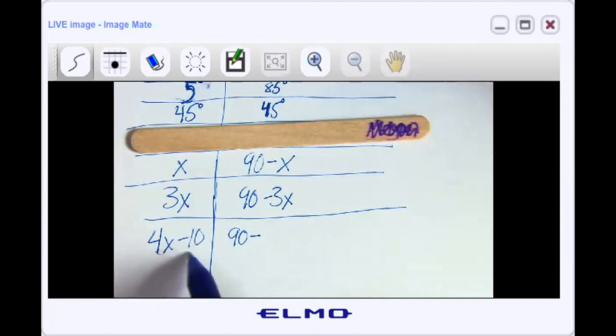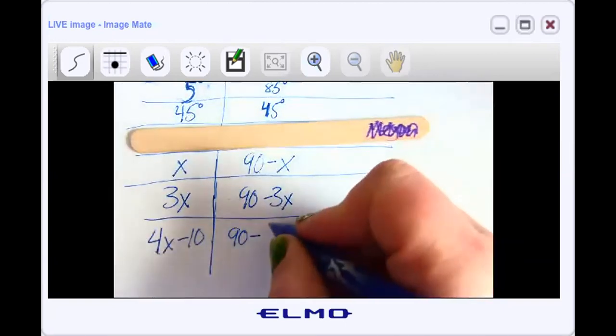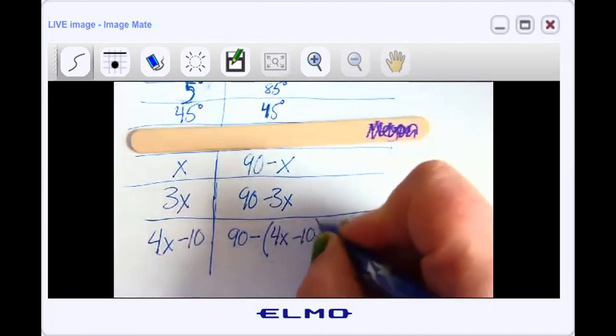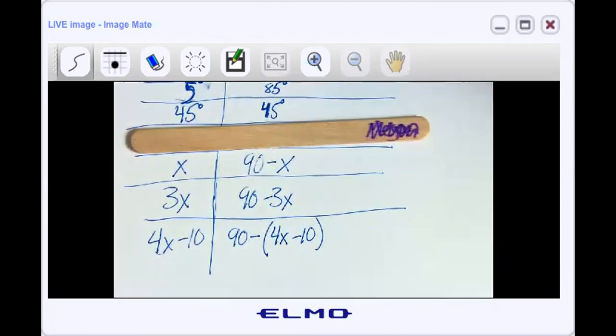If it has two parts, you have to put it in parentheses. There's no wiggle room here. You have to go like that. That's how you write it. It's still 90 minus that number, but you got to make sure you're subtracting the whole number. If you don't put the parentheses around it, you're only going to subtract this piece of it, not this one. You need to subtract all of it, and this is how you do it.